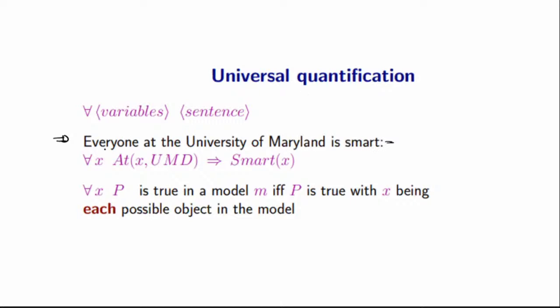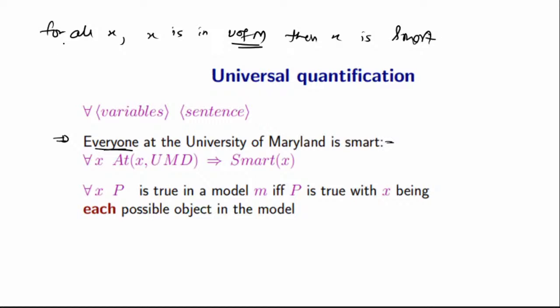Basically, we can rewrite this statement like this: for all x, where x is in the University of Maryland, then x is smart. So this is what it wants to say. You can say for all x, if x is in University of Maryland, then x is smart.